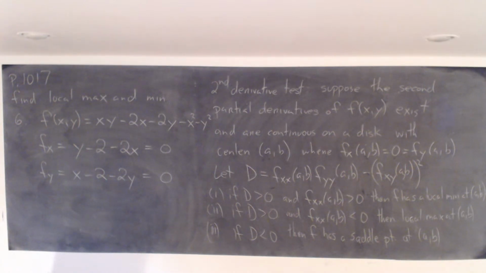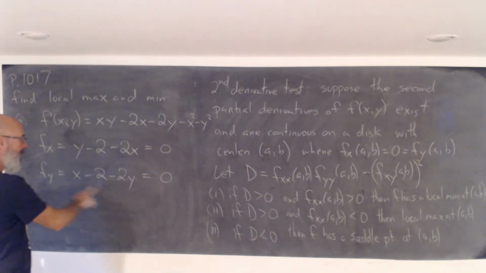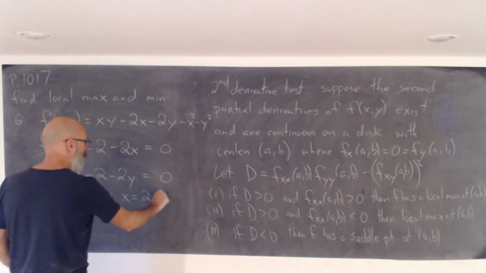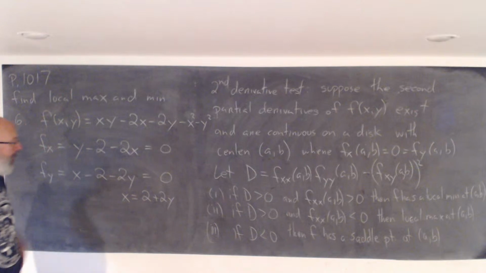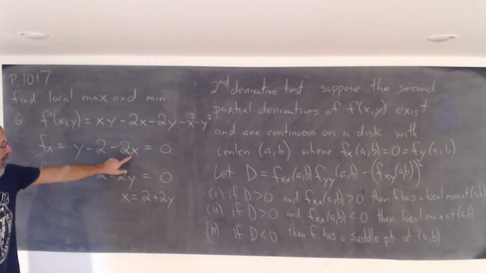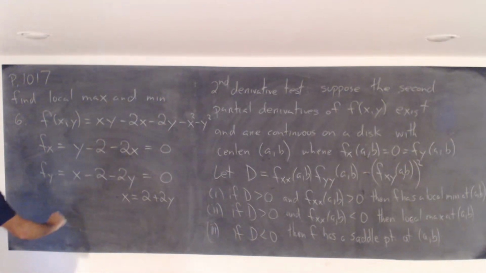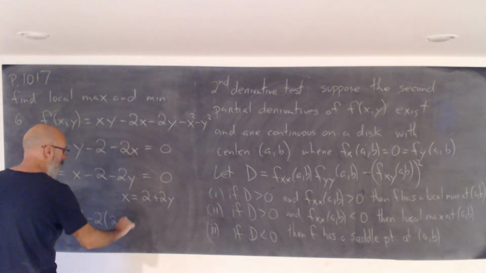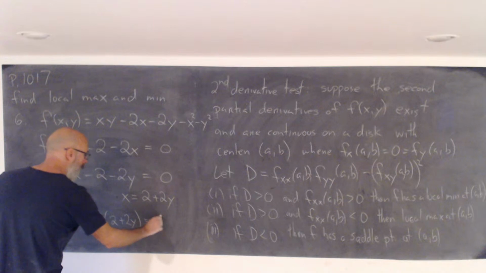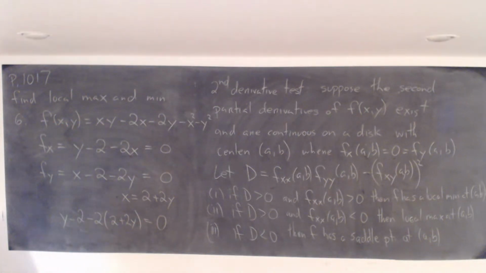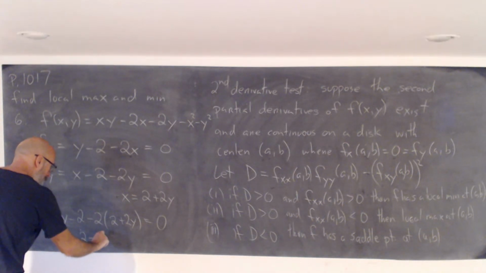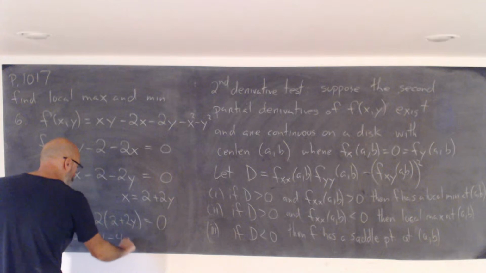So from this second one, x is equal to 2 plus 2y. If you plug that in to here, you get this, and what is that? y minus 2 minus 4 minus 4y.